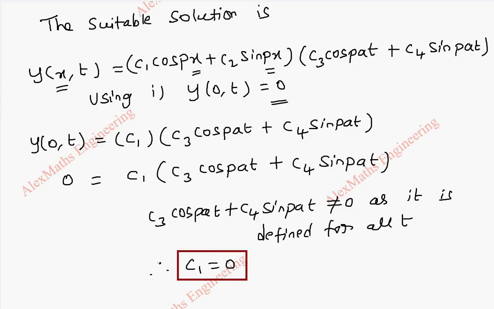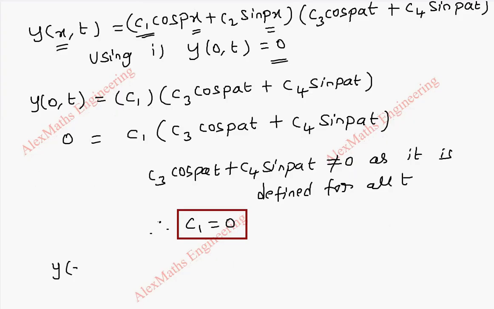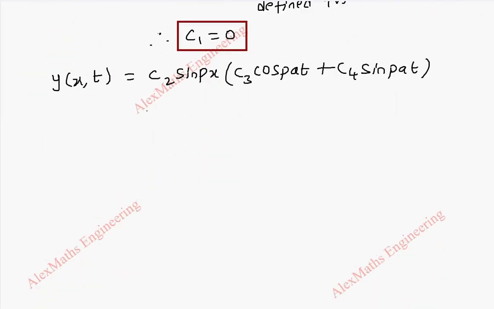Now using c1 equal to 0 in our solution, y of x comma t becomes, since c1 is 0, this term won't be there, c2 sin px into c3 cos pat plus c4 sin pat. Now using the next condition, that is the second condition, y of L comma t is 0.